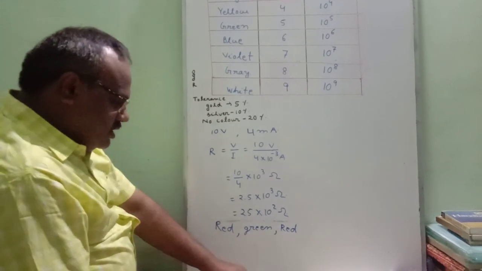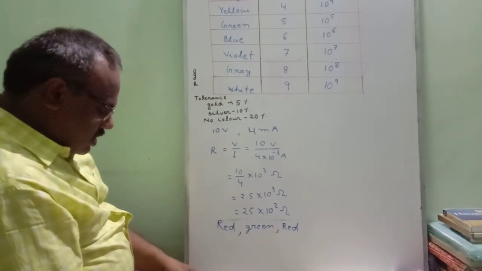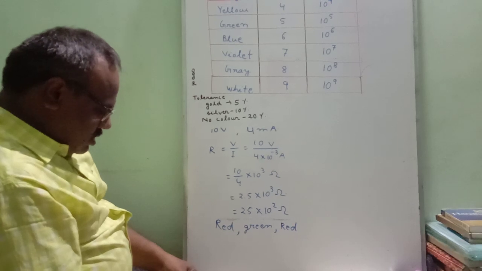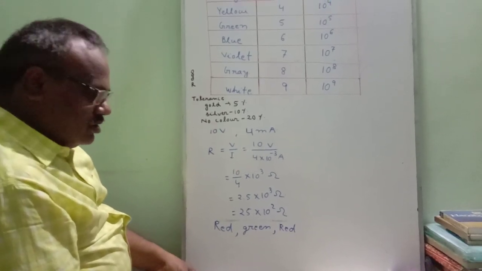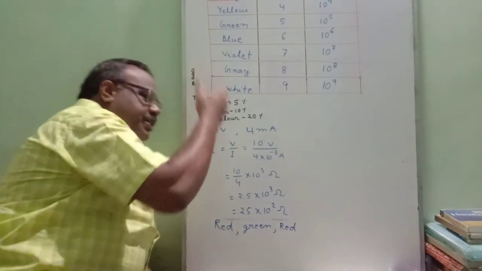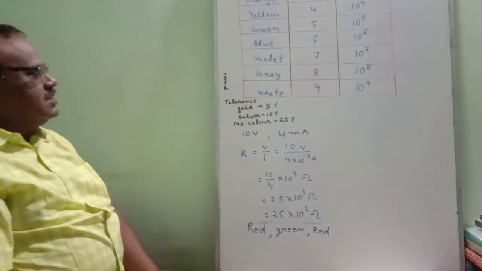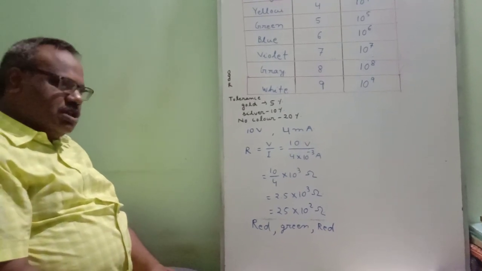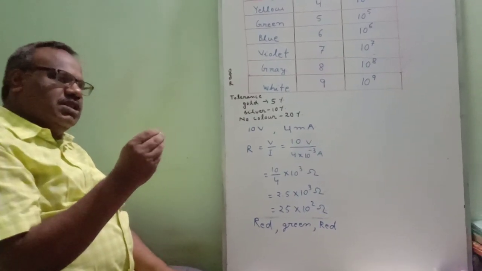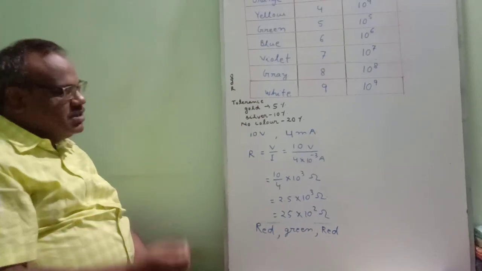So like this, when engineers and electricians use any type of carbon resistance, they calculate its value by seeing the color code. You can see a number of carbon resistors of different sizes available in the markets.